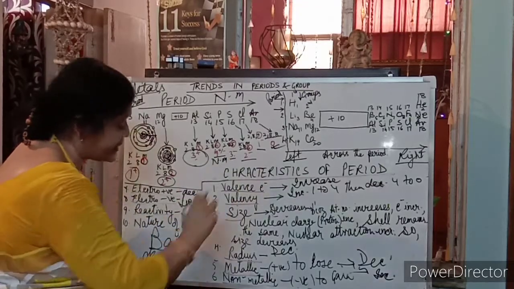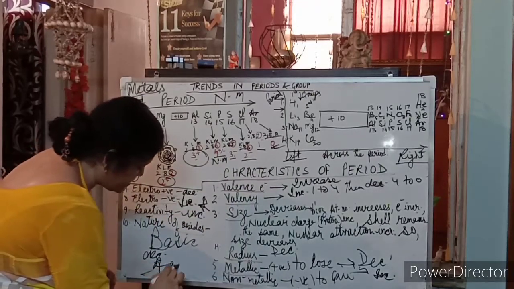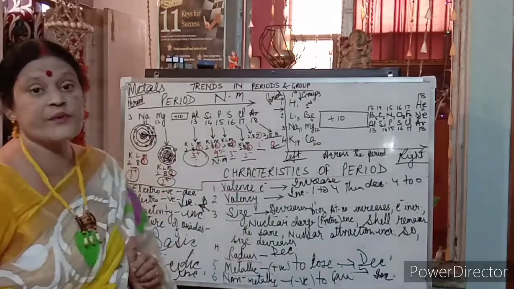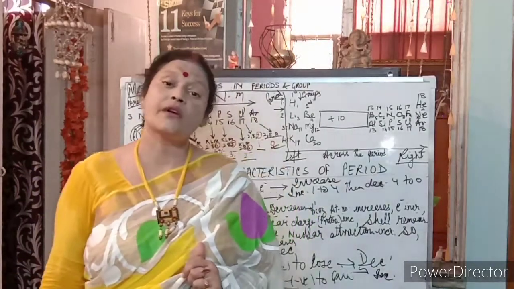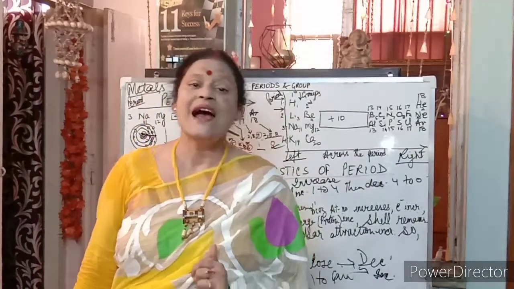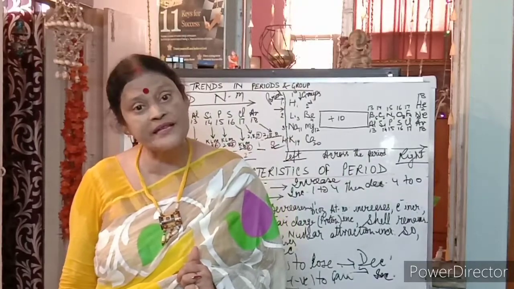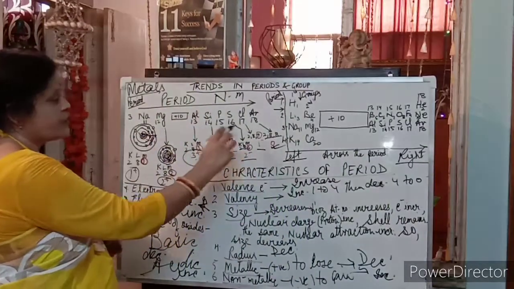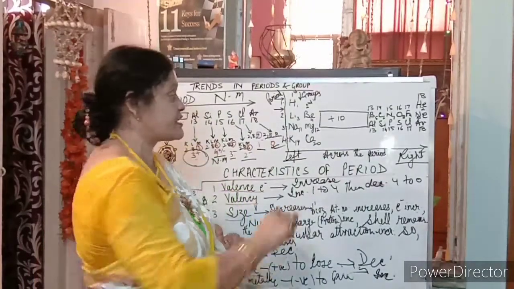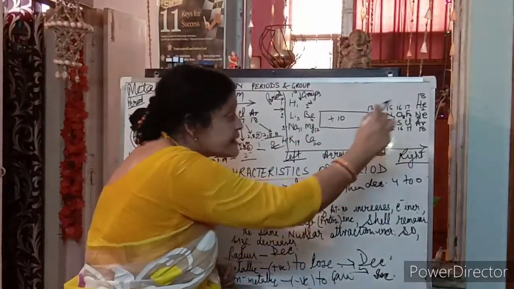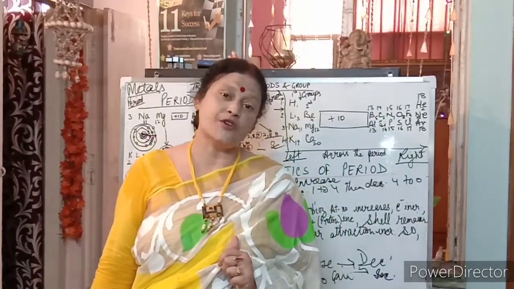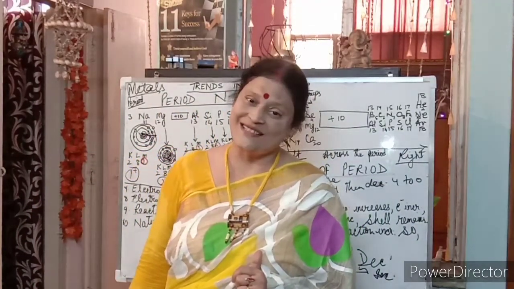So non-metallic character, that means acidic character, increases because the left side we are talking about metals and the right side we are talking about non-metals. So basic character, what happens? Basic character of the oxide decreases, that is metallic oxide, and non-metallic, that is acidic character, will increase because we know that non-metals always form acids.